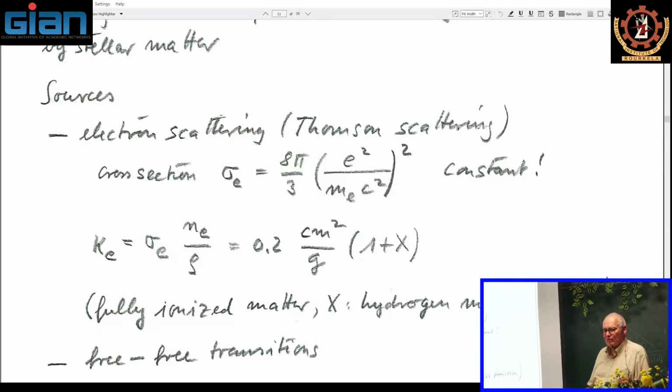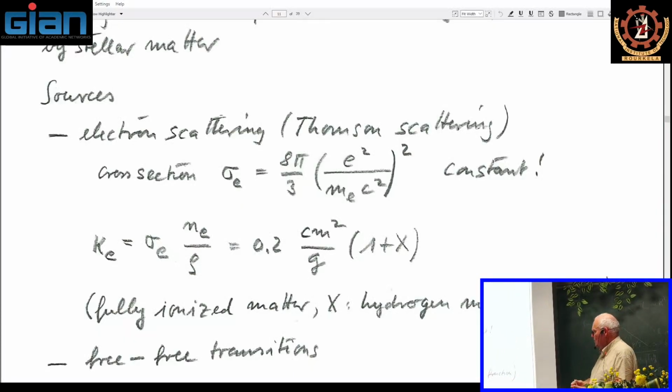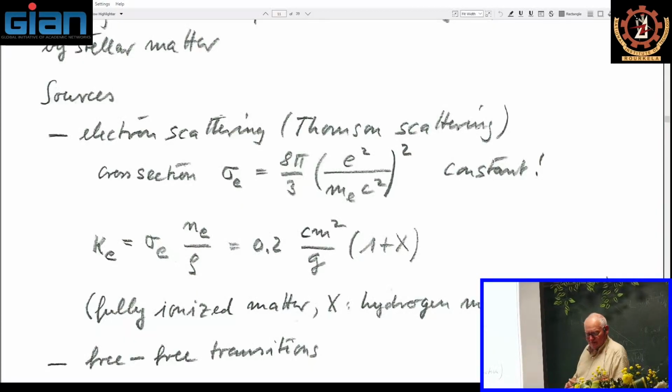We have then more protons than neutrons, and therefore the mass fraction of hydrogen comes in here. So this assumes fully ionized matter. So this is one source of opacity, and it's simply a constant.